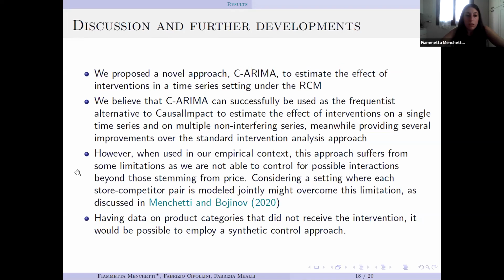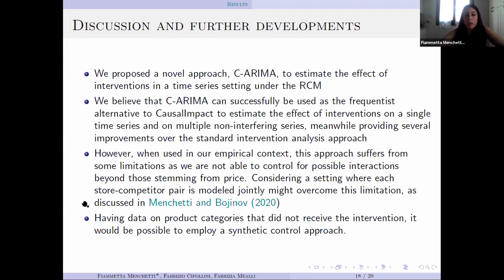We do acknowledge, however, that when used in our empirical context, this approach may suffer from some limitations, since we are not able to fully account for possible interactions beyond those stemming from price.